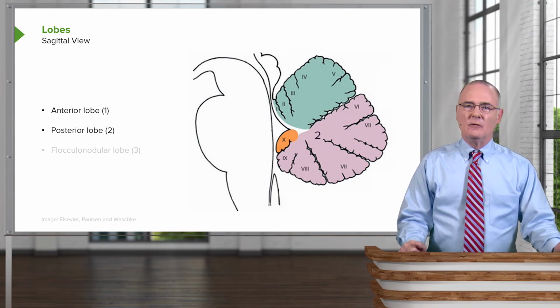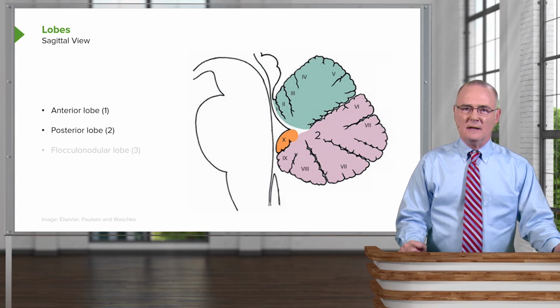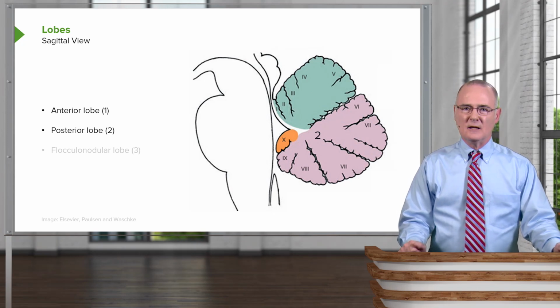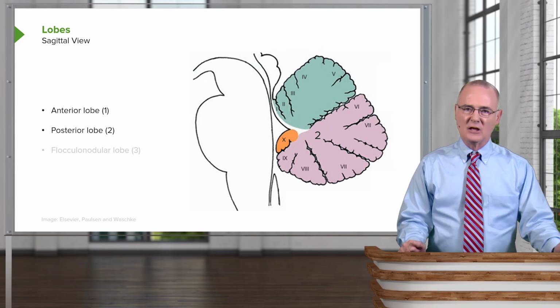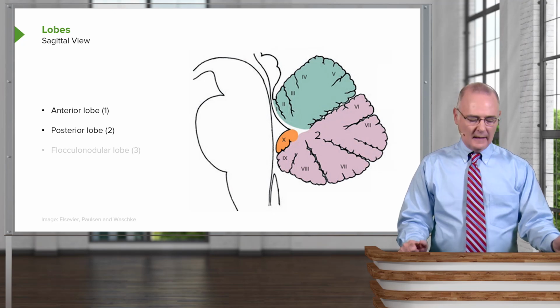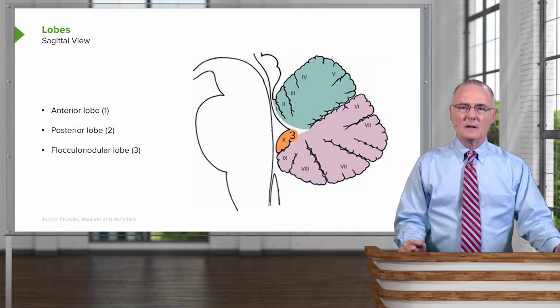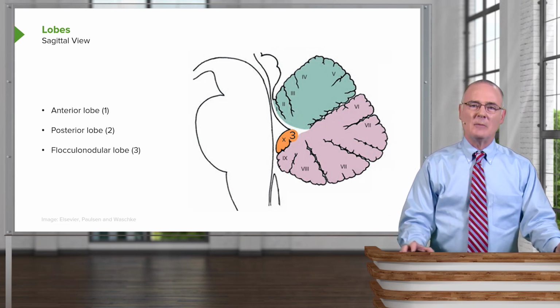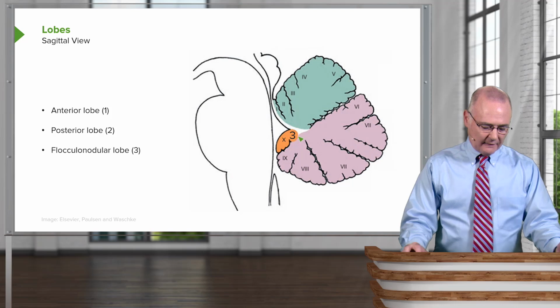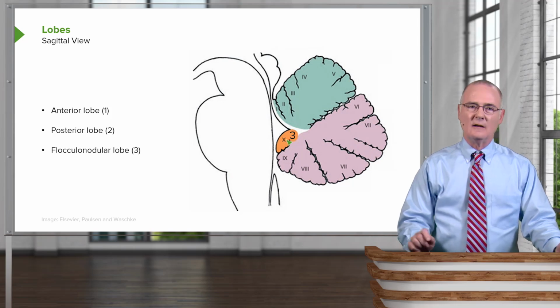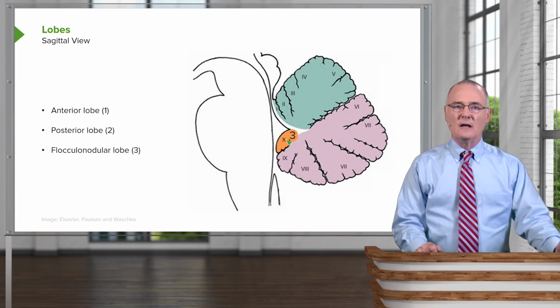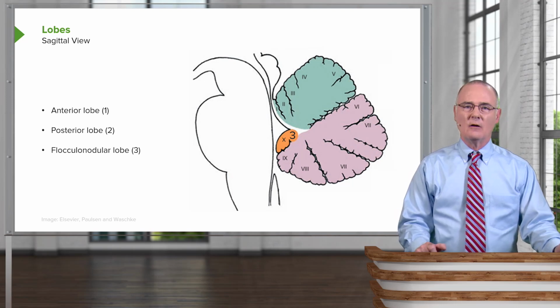The posterior lobe is the larger of the 3 lobes in this view, and you can see it in the pinkish red area. And then the third is much smaller in contrast to the larger anterior and posterior lobes, and that's identified here in the orange area, and this is referred to as the flocculonodular lobe.